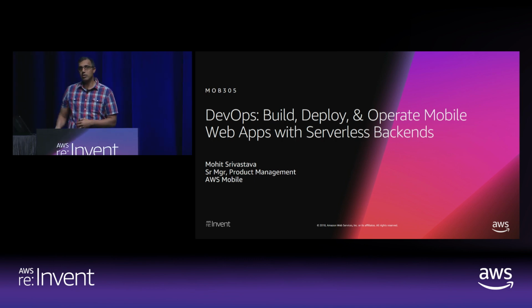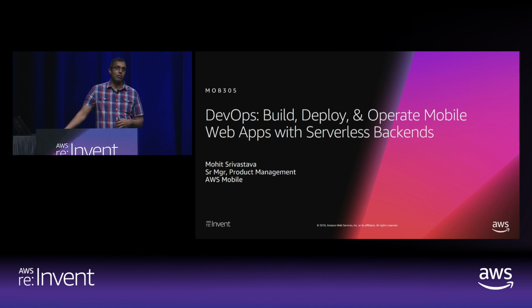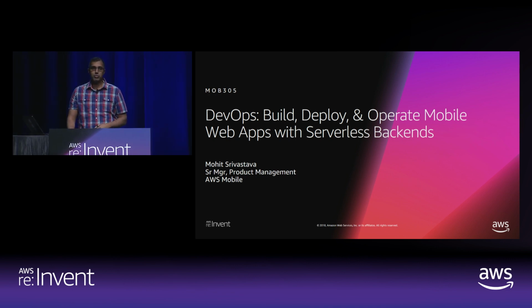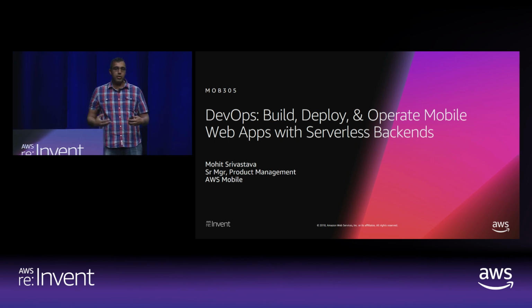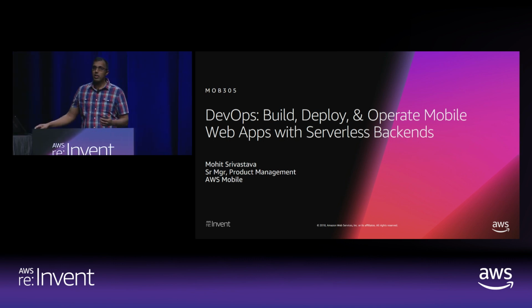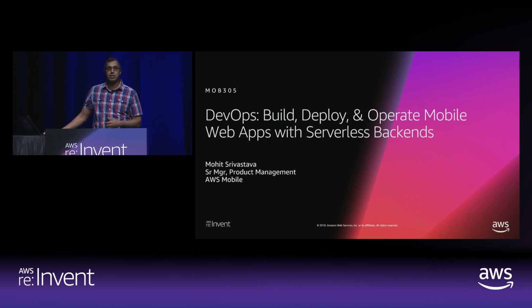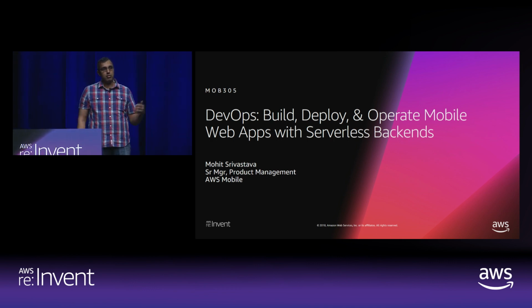So we build services and tools targeting mobile developers, both native developers, cross-platform developers using tools like React Native, as well as mobile web developers, which is what this talk is about. So what do we mean? Generally, when we talk about mobile web apps with serverless backends, we mean SPA-style applications, so apps that use static HTML, static JavaScript, static CSS, images, but deliver dynamic functionality using fully managed services.